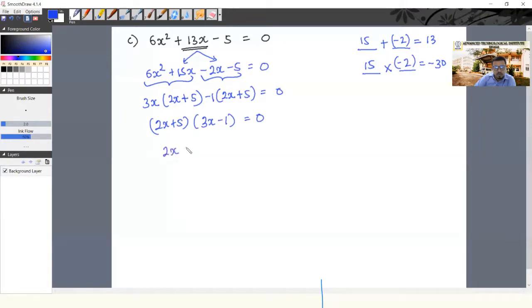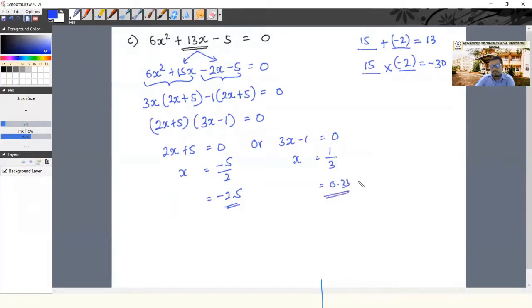Therefore, 2x plus 5 equals 0 or 3x minus 1 equals 0. It means x equals minus 5 over 2, that is minus 2.5, or x equals 1 over 3. You can have the answer as 0.33. Answer for part C.